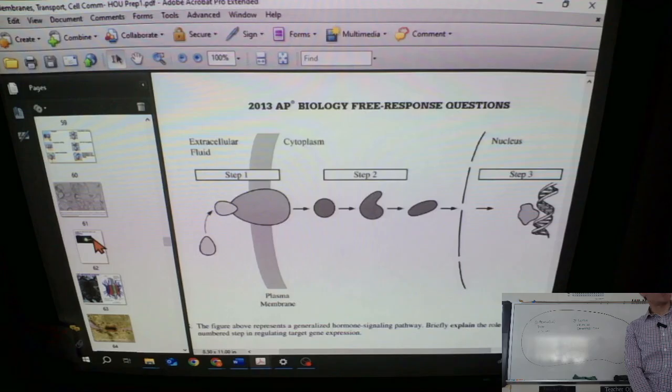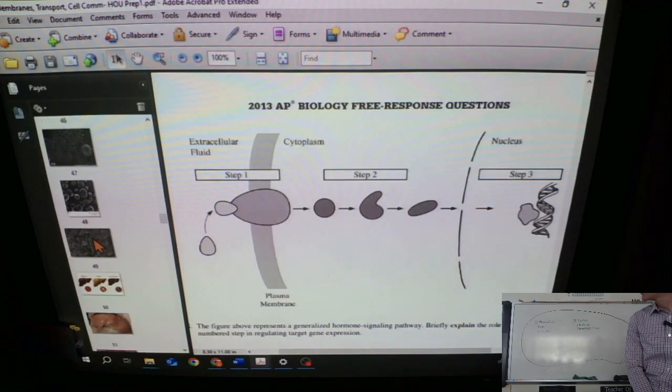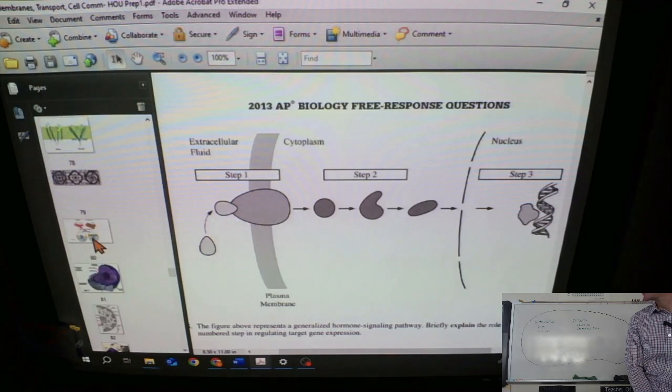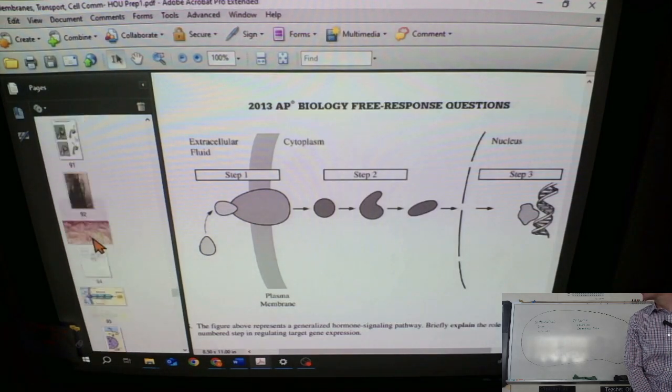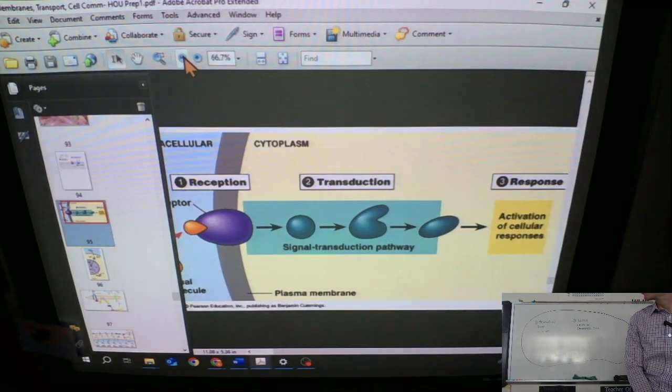I'm supposed to describe what's happening in step one, name it and describe it. Step two, name it and describe it, all of that kind of stuff. And if you compare that to the diagram that we're using up here from a textbook, it looks like they pretty much just ripped off that picture.